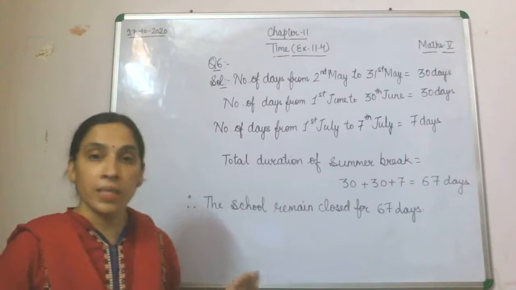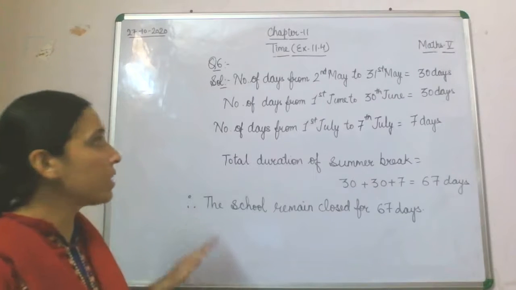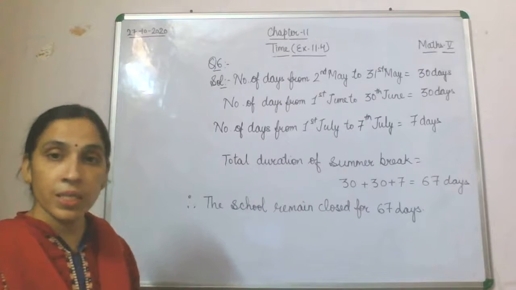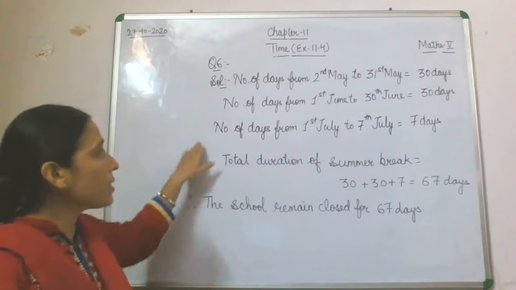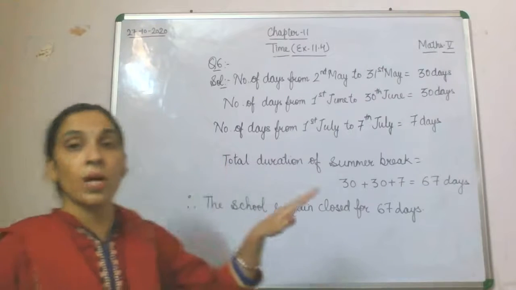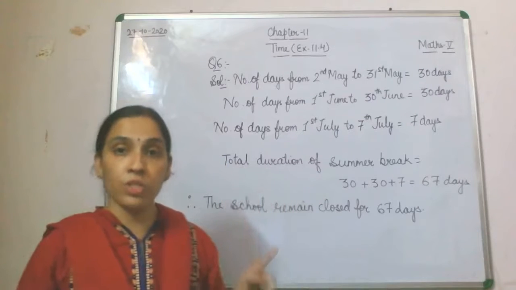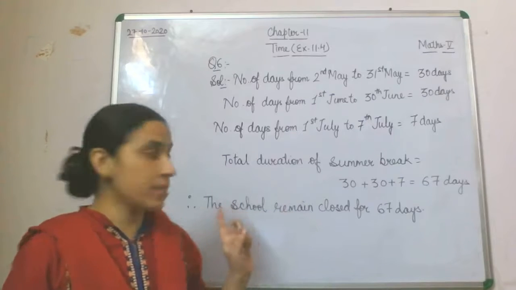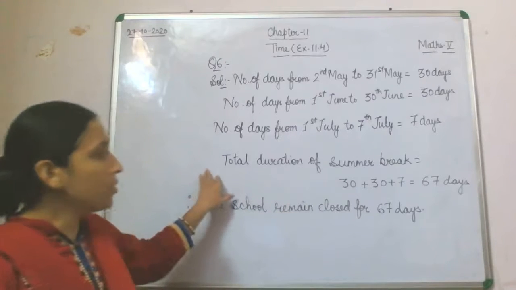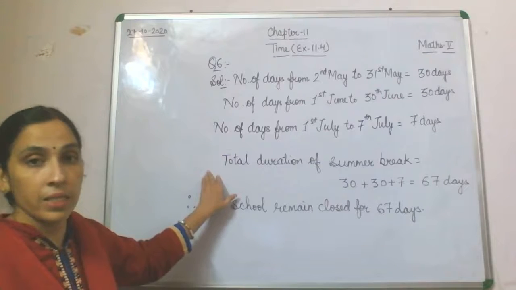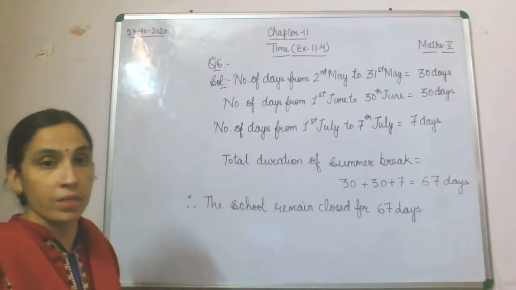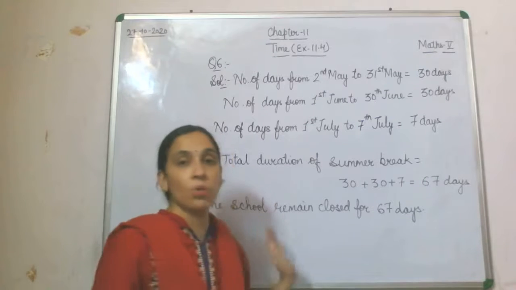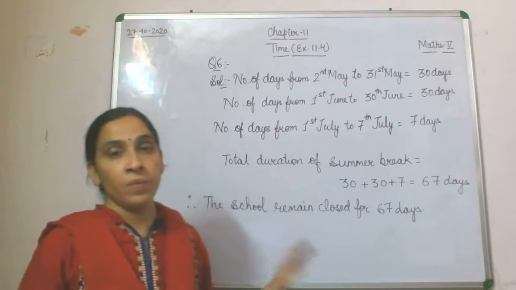That will be 30 days. Now number of days from 1st June to 30th June: the duration is 30 days. Now number of days from 1st July to 7th July: the duration is 7 days. Now the total duration of summer break is 30 plus 30 plus 7, that is 67 days.